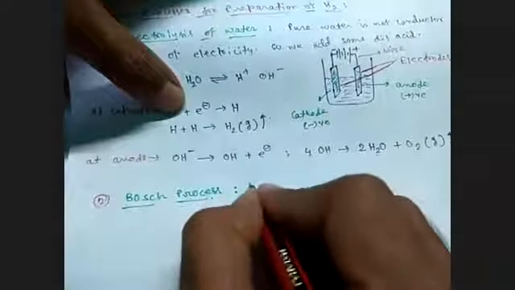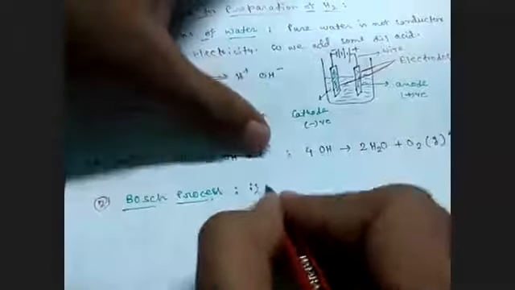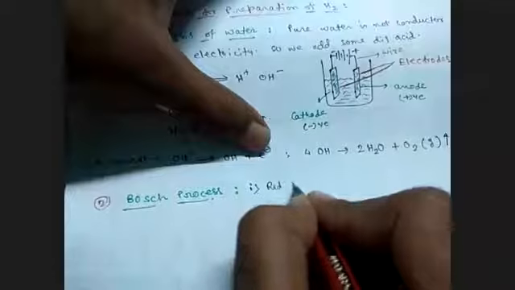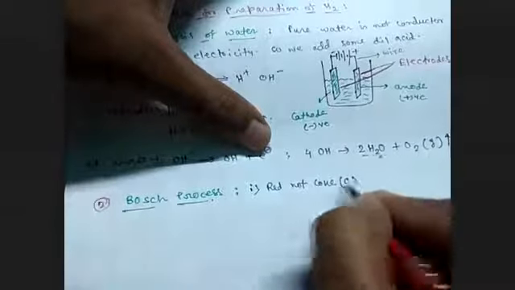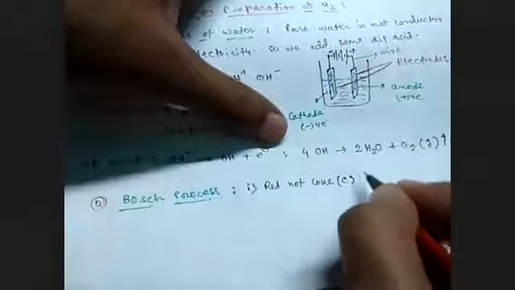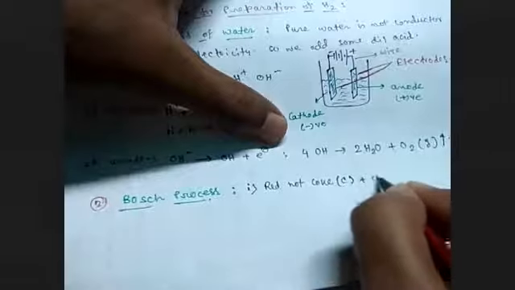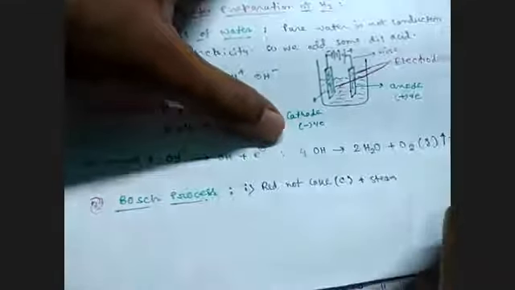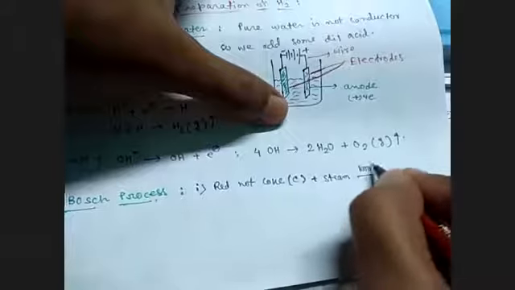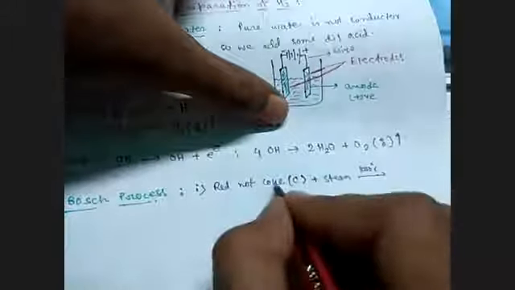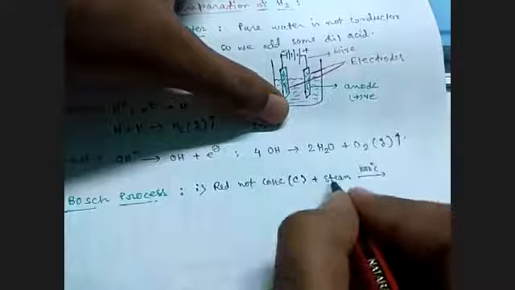In the first step, red hot carbon is passed with steam at high temperature, almost 1000 degrees Celsius.